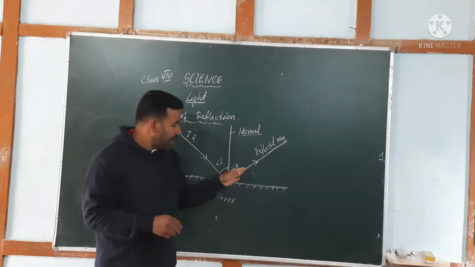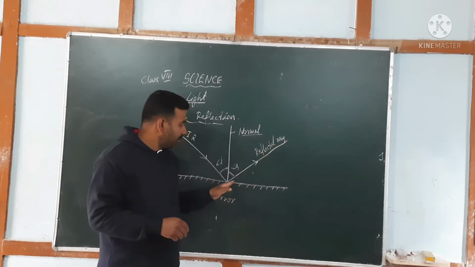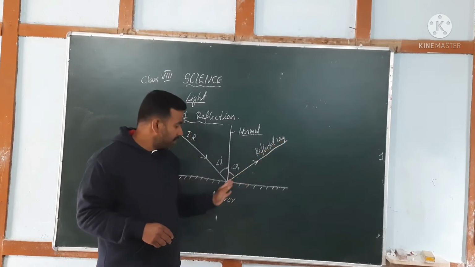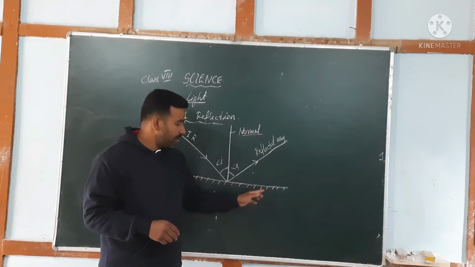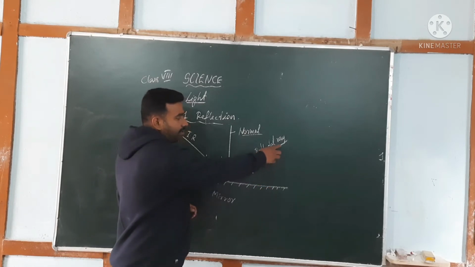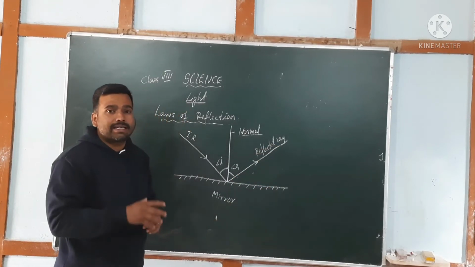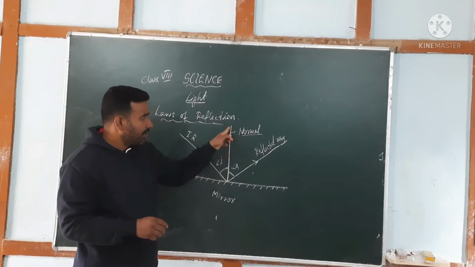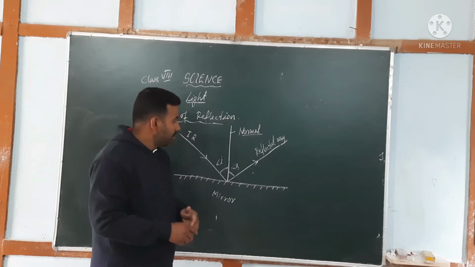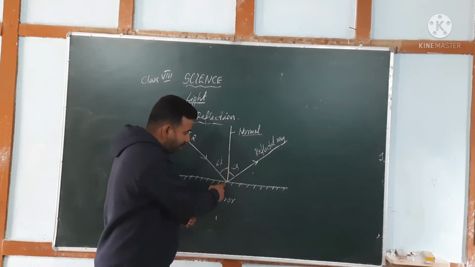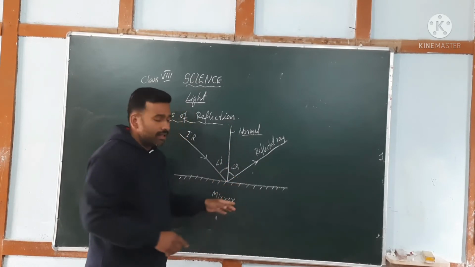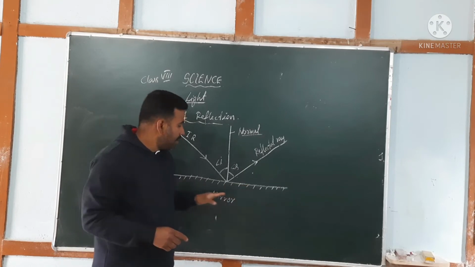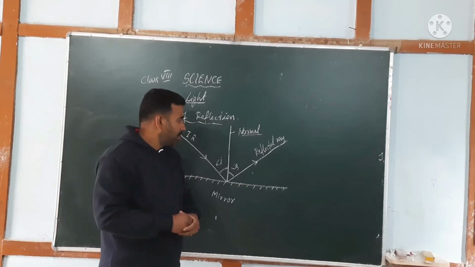And similarly, I have drawn another ray that is going away from the surface of the mirror. This line indicates the reflected ray. And one more line you can see over here, that line is called the normal, which makes an angle of 90 degrees with the reflecting surface, which means the mirror.